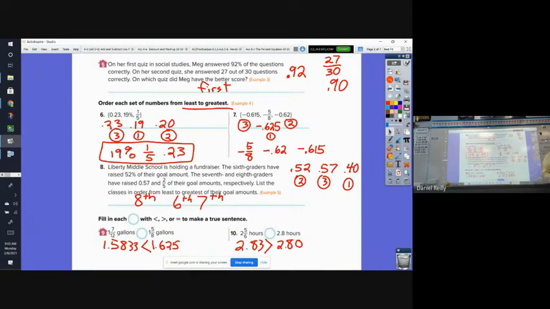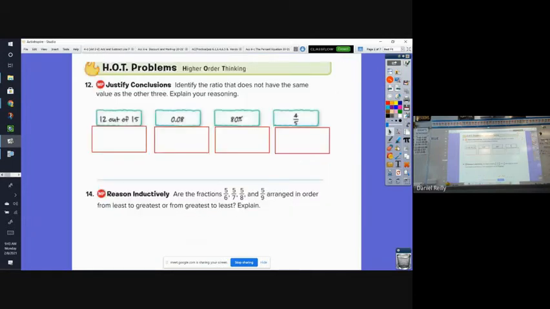Questions on any of these? Which ratio does not have the same value as the other three? How do you know? Chad, you do this one, number 12? I do not do that.